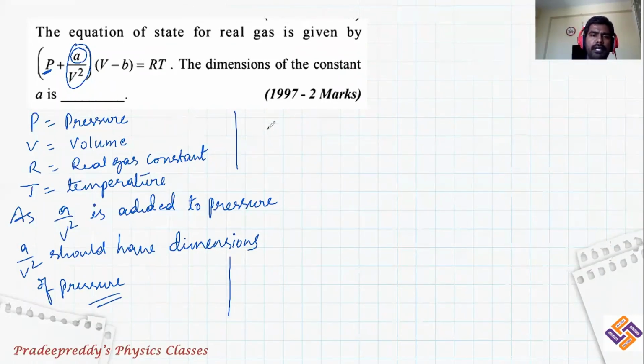So pressure dimension should be equal to dimensions of A divided by V square, because this should be same. If P is pressure, A by V square also should be pressure.